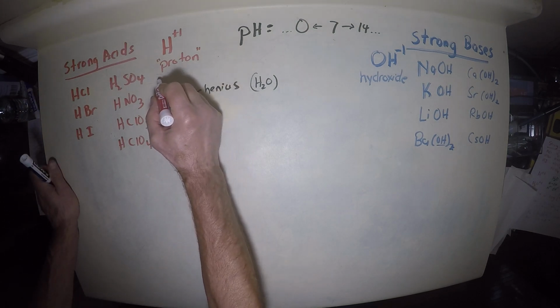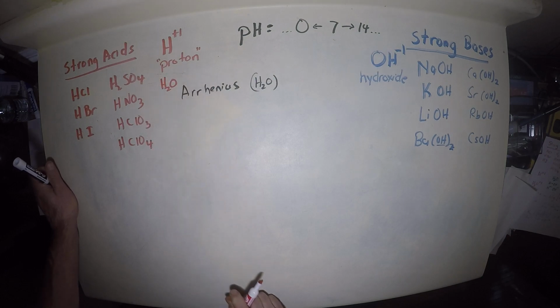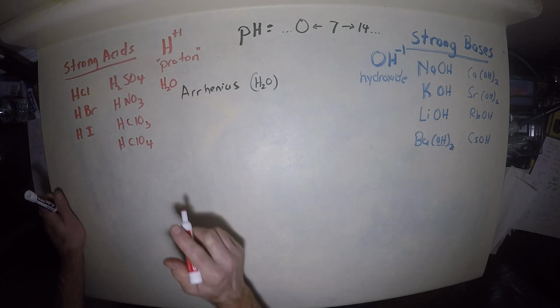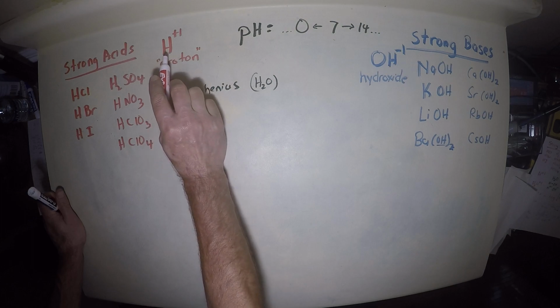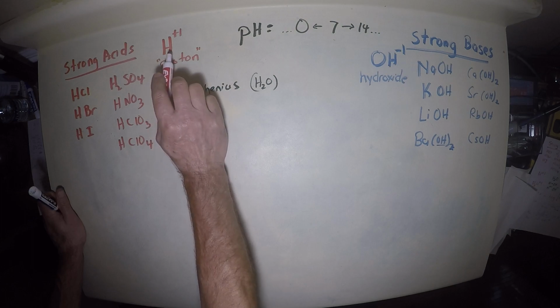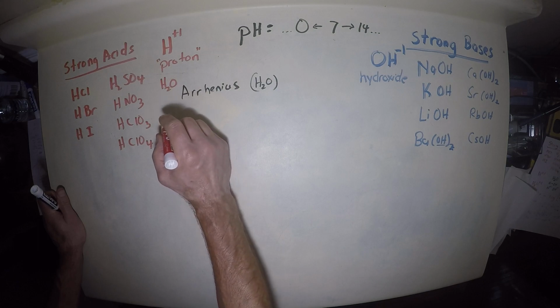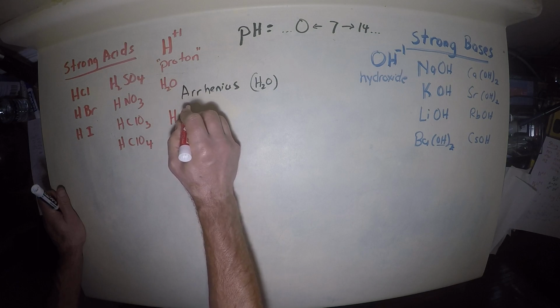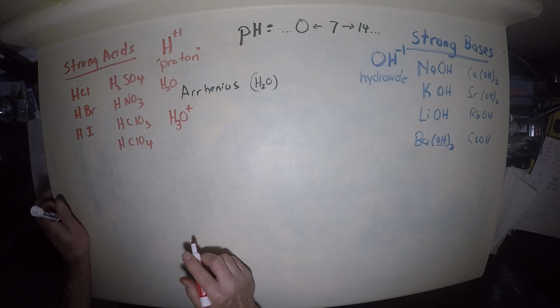So if we're talking about Arrhenius and we know we're going to invoke water, one thing you should get good at is math with letters. If you take a proton and add it to water, you will generate what's called hydronium ion.